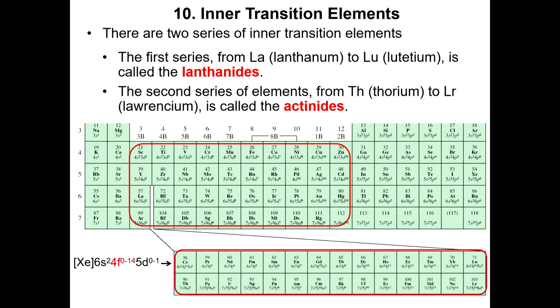The second series of elements is called actinides. For actinides, their electrons are filled in 5f orbitals. So this is also called inner transition metals.